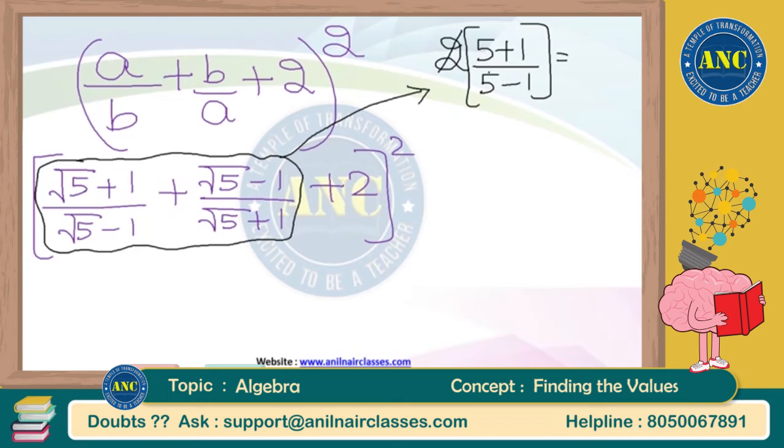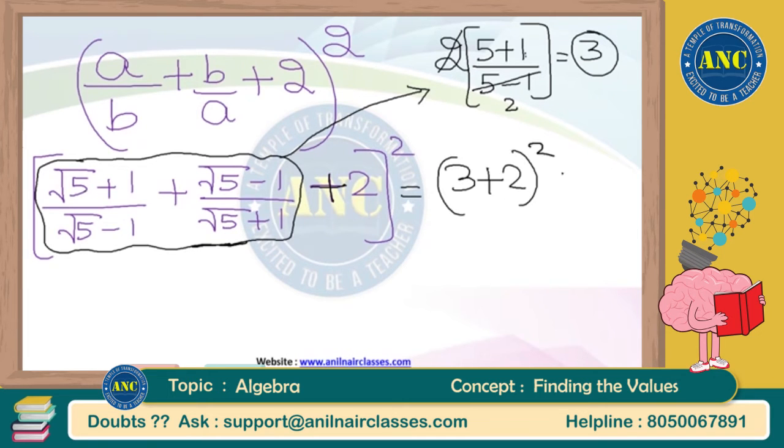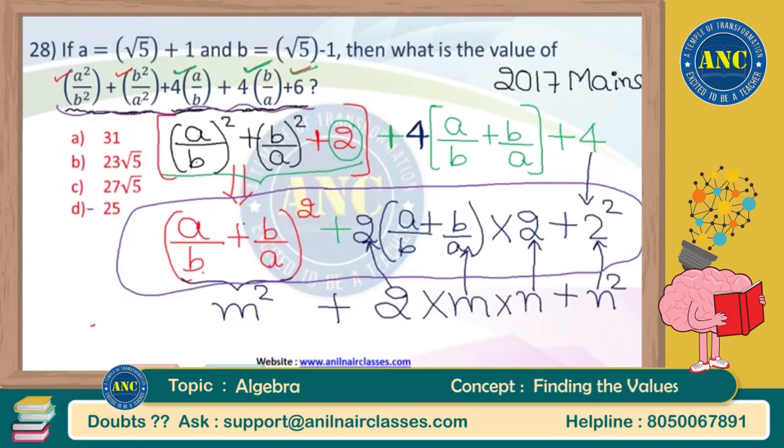So 2 into 1 is 2, 2 into 2 is 4, 5 plus 1 is 6, 6 by 2 is 3. That means this entire black color marked one is 3 plus 2. Answer is 3 plus 2 whole square. Answer for this question is 5 square, which is 25. Answer for this question is option D. Right? Answer for this question is option D.